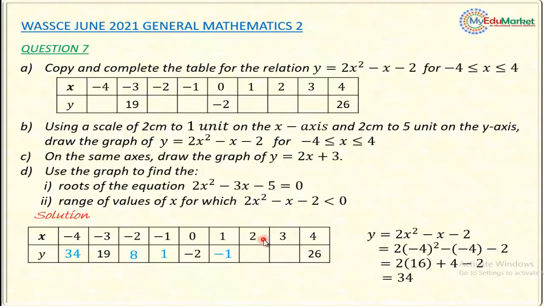Replace x by 2 in that very equation, and y is going to be 4. Replace x by 3 in that relation, and y is going to be 13. So this is my table. Showing how you work this out is not very necessary, only that we mark the values in the table.